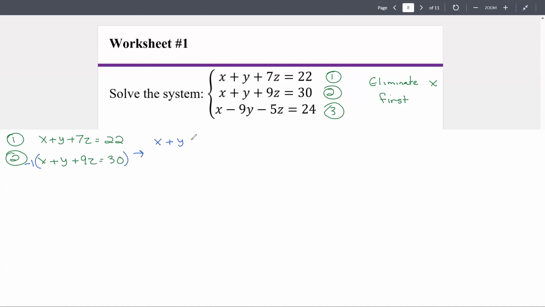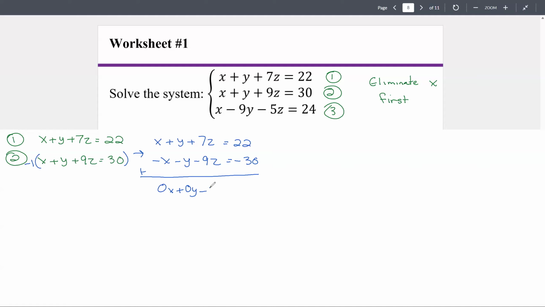So x plus y plus 7z equals 22. Negative x, negative y, negative 9z equals negative 30. So when I added these, x minus x disappeared, y minus y disappeared.